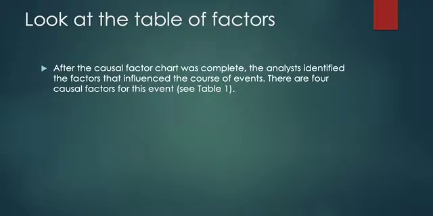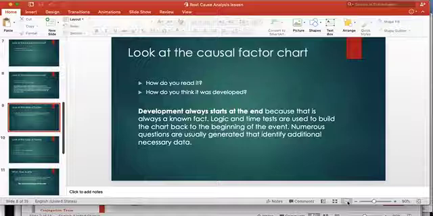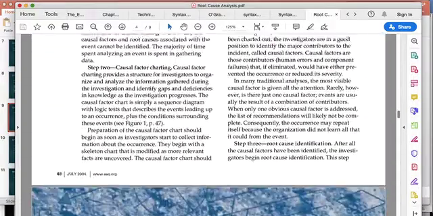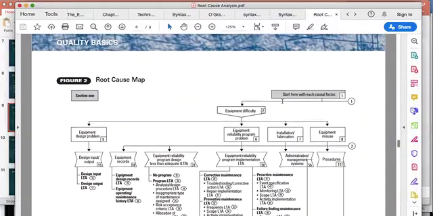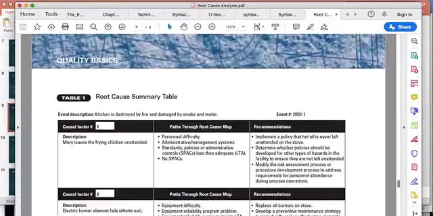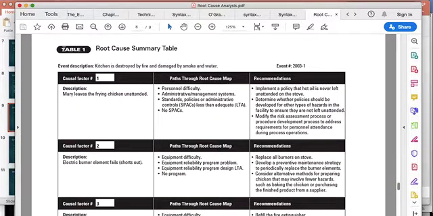After the causal factor chart is complete, analysts identify the factors that influence the course of events. And for this particular chart, there are 4 causal factors in this event, and they show that in Table 1. So let's go back there again. Okay, it's on page 6. It's figure 2. Oh, sorry, that is not it. The table, okay, it's on page 8. It's called Table 1.